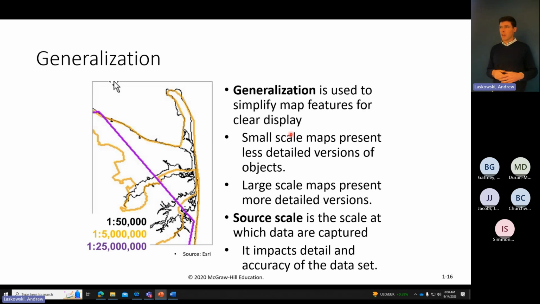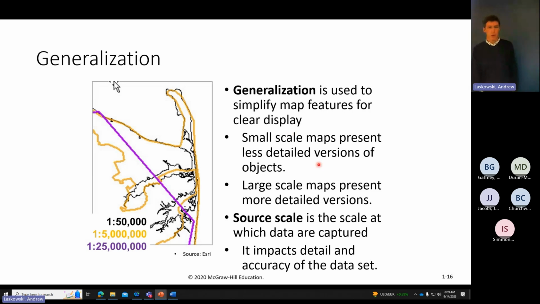Remember last time I was showing you that example of the dot density map of the election? My browser kept crashing because that data was so detailed it had a hard time dealing with it. One way we handle this is that we generalize to an extent that is appropriate for the map scale that we intend for the layers to be used on.